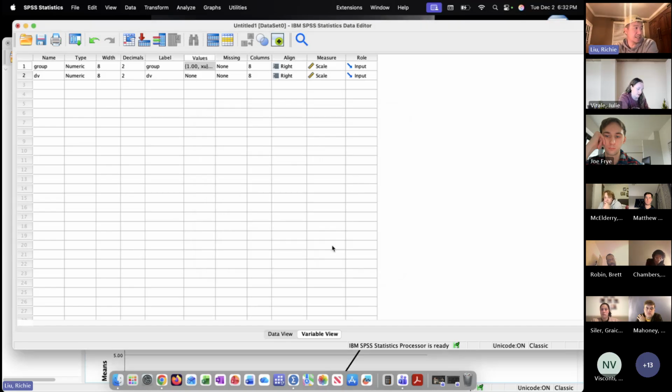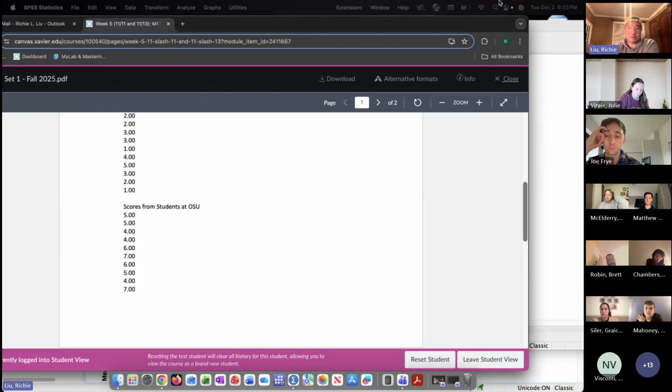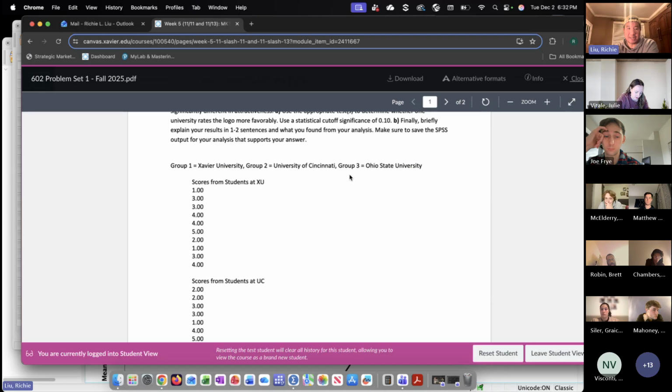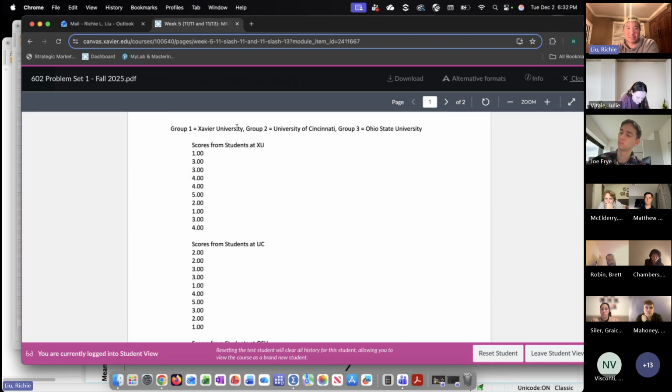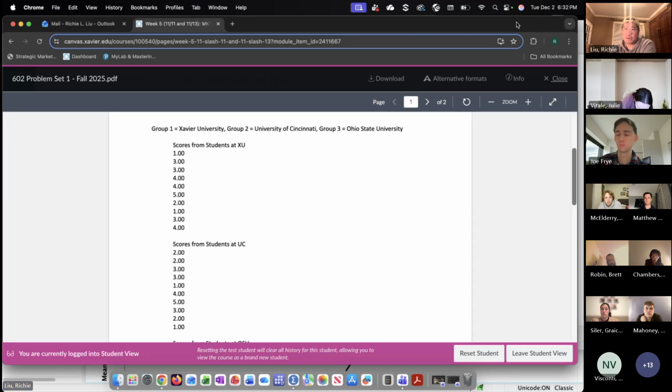So when you see the test, we're not creating 3 columns of scores here. This group definition is one variable, and the scores is another column of variables. Okay, so it should be 2 columns. Questions on that?